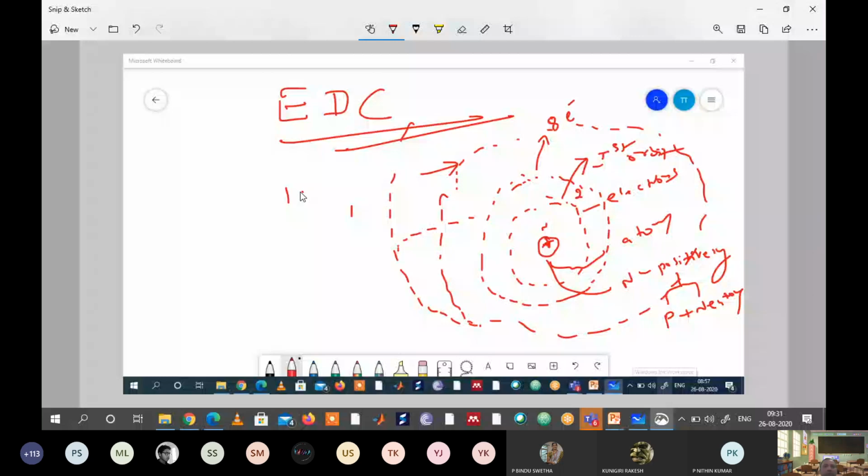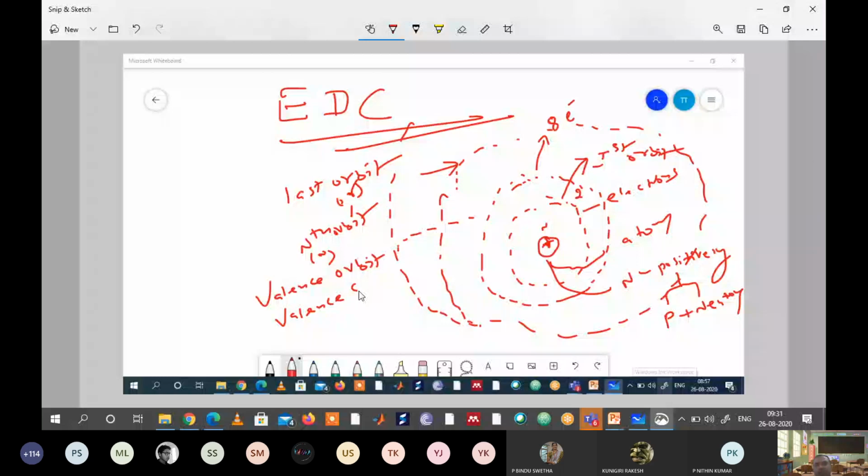It is also called the valency orbit, because the electrons present there are valence electrons, or the valency shell. A shell is also called an orbit, right?